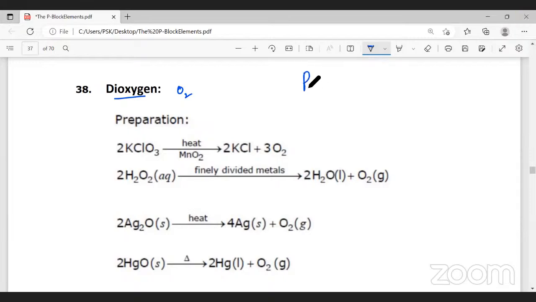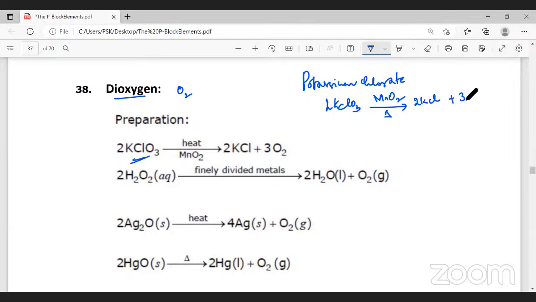Potassium chlorate is represented as KClO3. When we heat this potassium chlorate in the presence of manganese dioxide, it will decompose to give potassium chloride and oxygen.